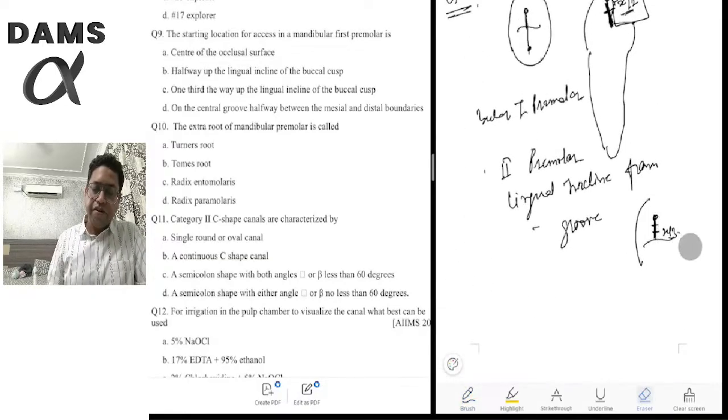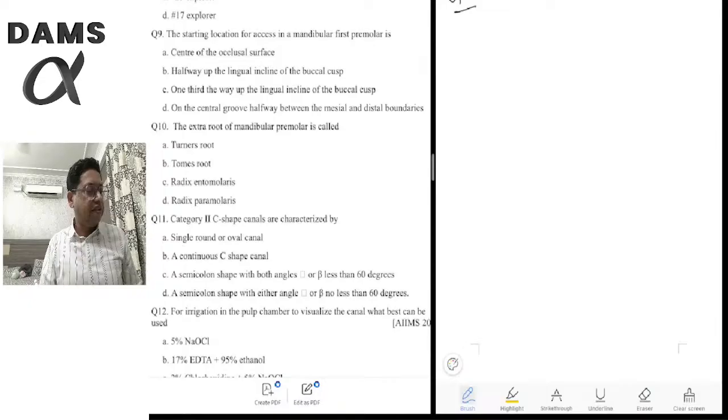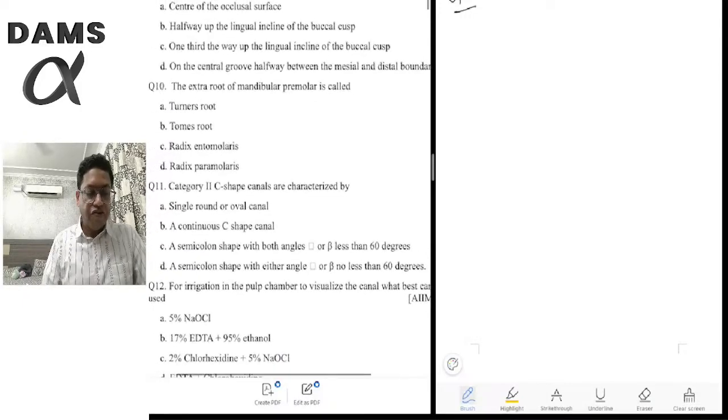Coming over to question number 10. The extra root of the mandibular premolar is called Turner's root, Dome's root, radix entomolaris, or radix paramolaris.